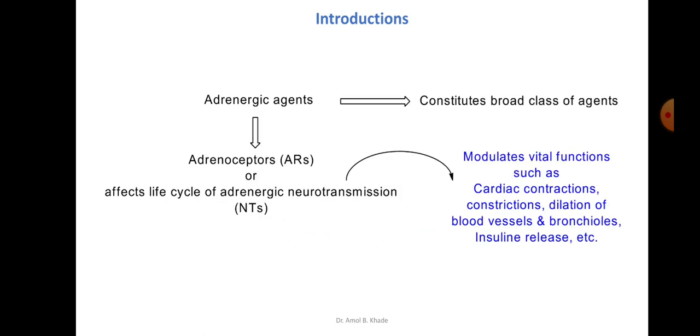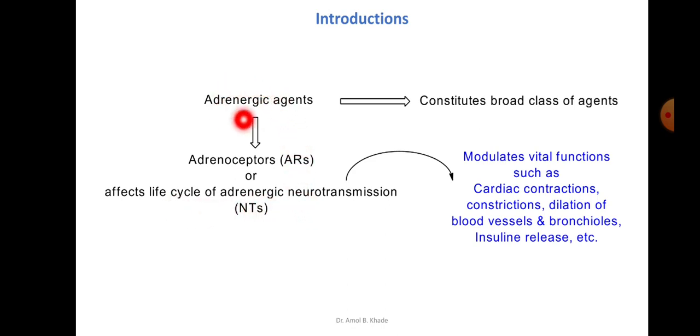Now these adrenergic drugs or adrenergic agents act on the adrenoreceptors, which are abbreviated as ERs, or they affect the life cycle of adrenergic neurotransmission.